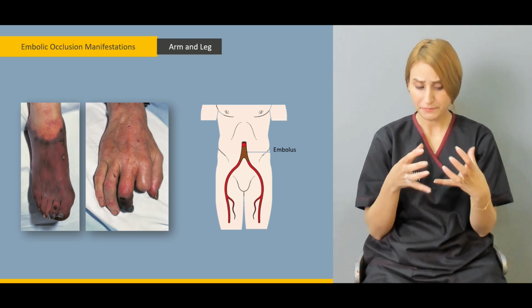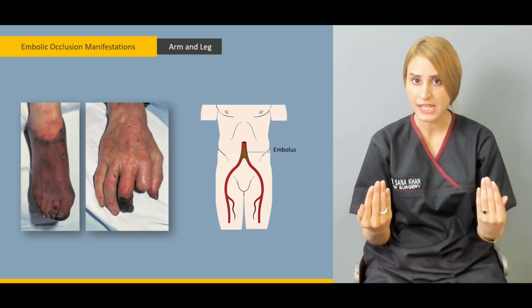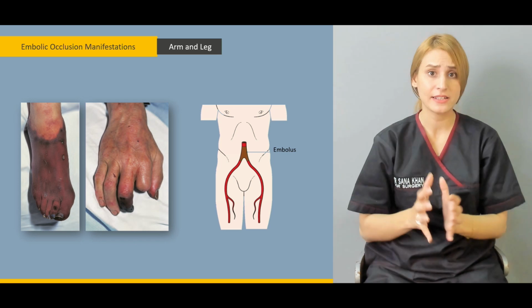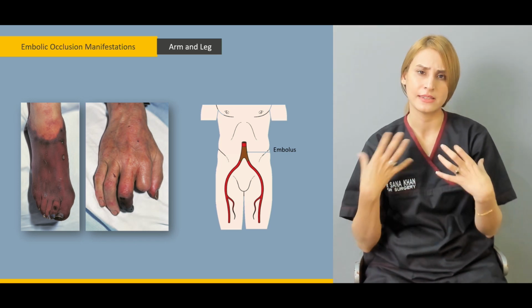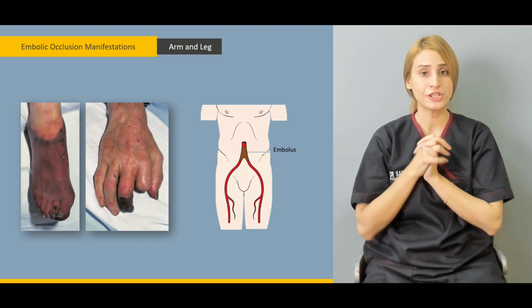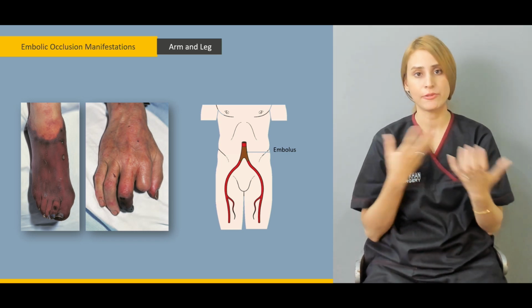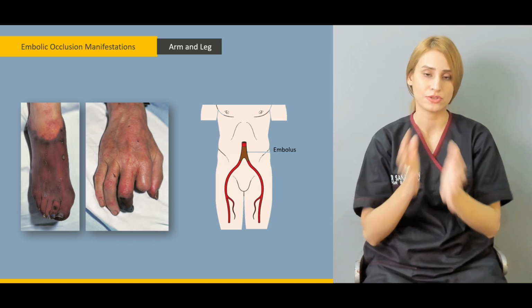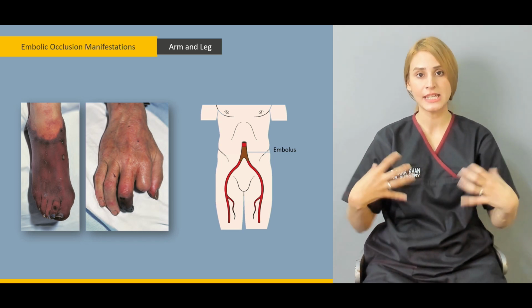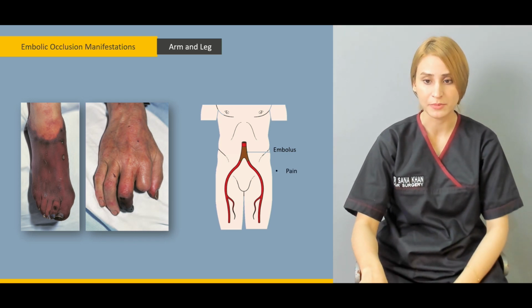Because the digits, the fingers and hands, or the toes and foot, have a very limited blood supply in the form of the digital arteries, so they are the first to be affected. So in case of embolic occlusion, there would be gangrene in the distal vasculature and distal limbs as well. If an embolus is obstructing the mesenteric artery, the patient will complain of severe abdominal pain.